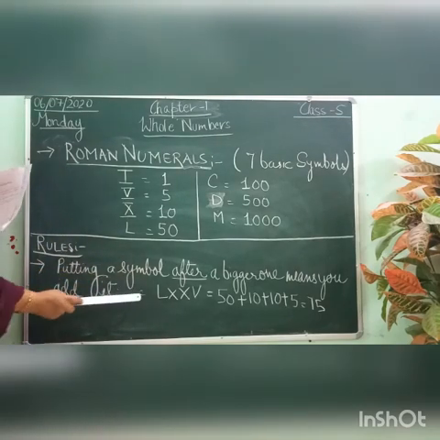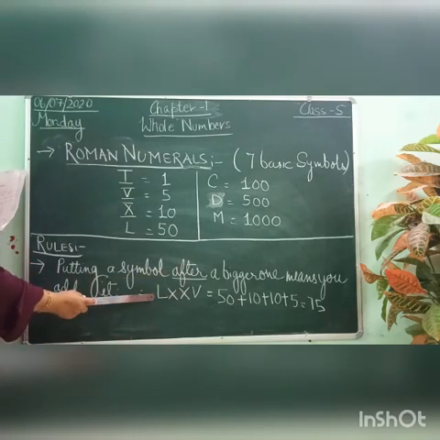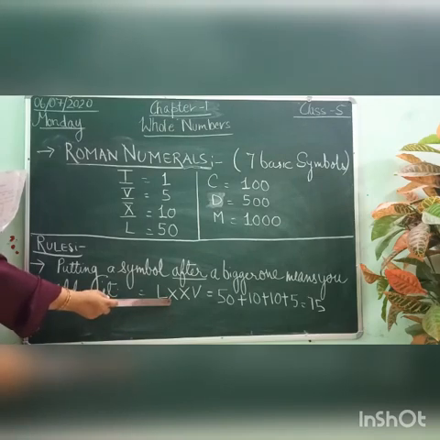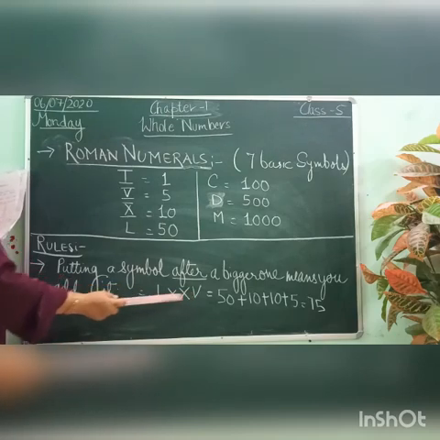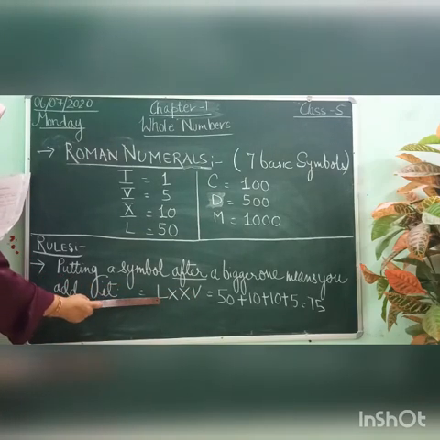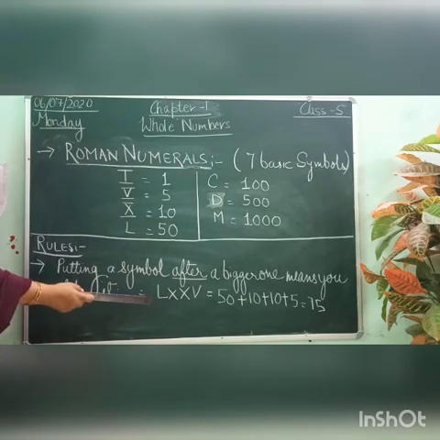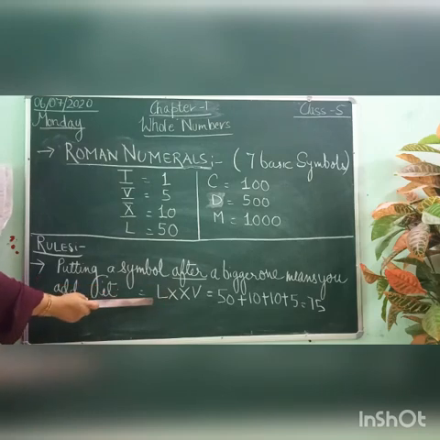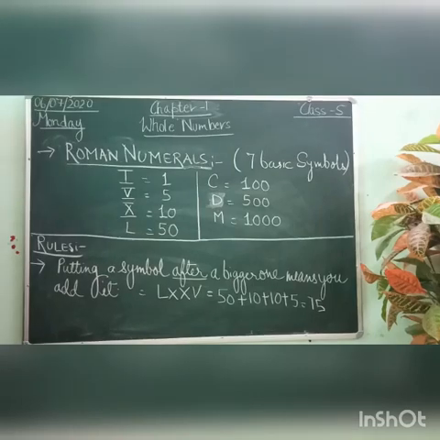For example, L, X, X and V. L means 50, X means 10, then again X means 10, and then V means 5. This is the bigger unit, isn't it? And we are writing the smaller unit after that. This means that we have to add. 50 plus 10 plus 10 plus 5 is equal to 75.